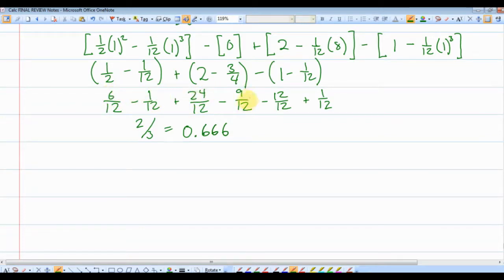If you look up, it's not supposed to be 2 minus 3/4. It's supposed to be 2 minus 2/3. So it's 6, 5, 29, 21, 9, 10/12. 10/12, 5/6. Yes.